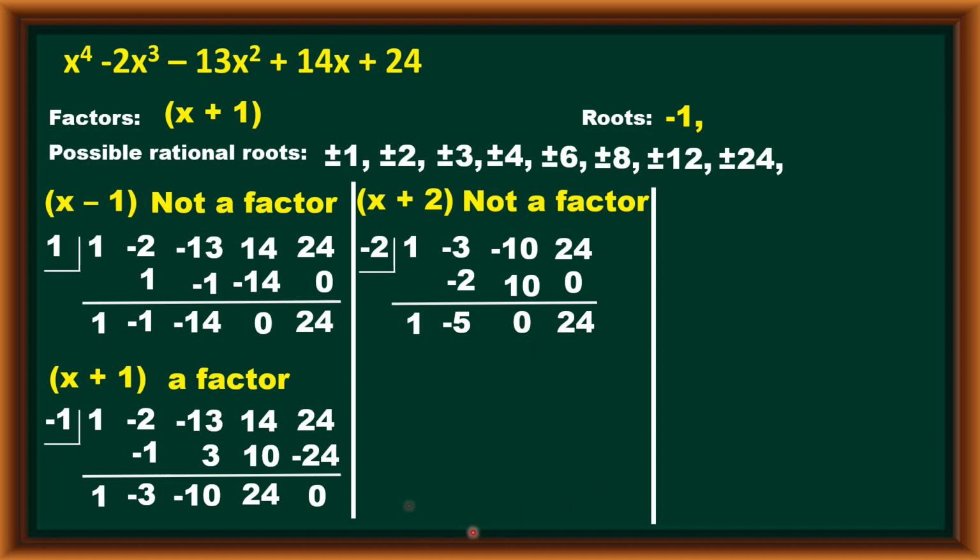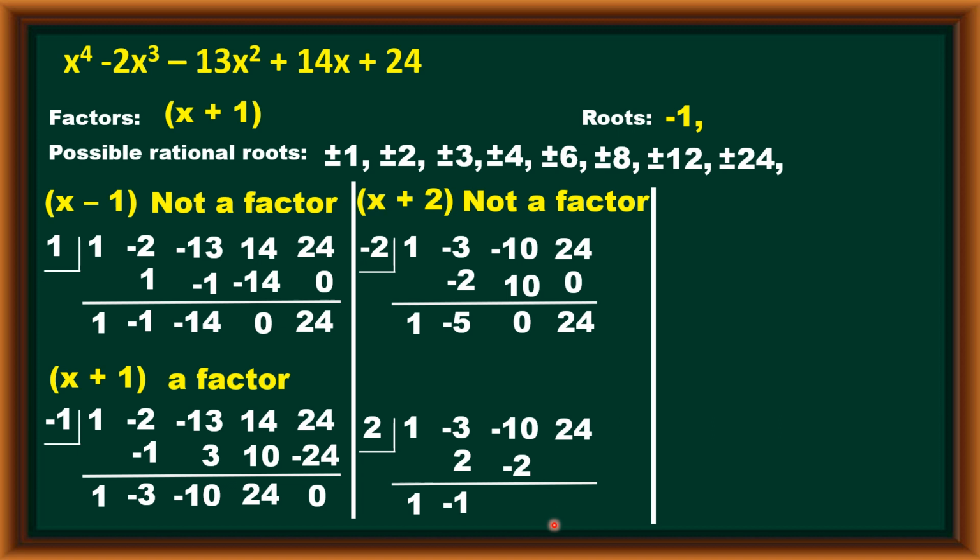Okay? Let's try another one using the same first depressed equation. 1, negative 3, negative 10, and 24. Let us now try if our divisor is x minus 2. So, ilalagay sa labas ay positive 2. Bring down 1 times 2, 2. Negative 3 plus 2 is negative 1 times 2, negative 2.